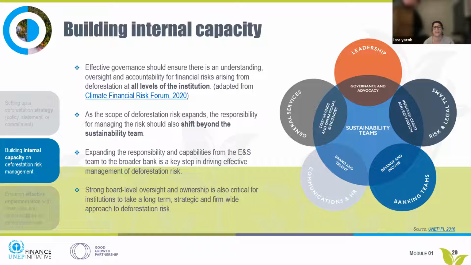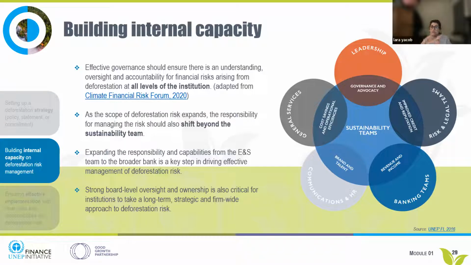So what we try to promote with the banks that we work with through UNEP Finance Initiative is that this is, for lack of a better phrase, a group effort. If you want to do this risk management approach properly, sustainability teams should cut across different business lines and different teams within financial institutions, and they need to take and internalize that responsibility.